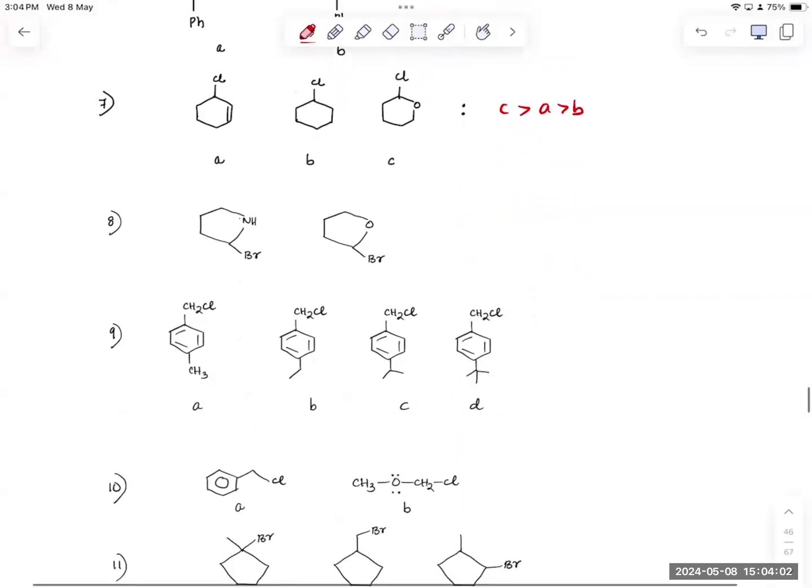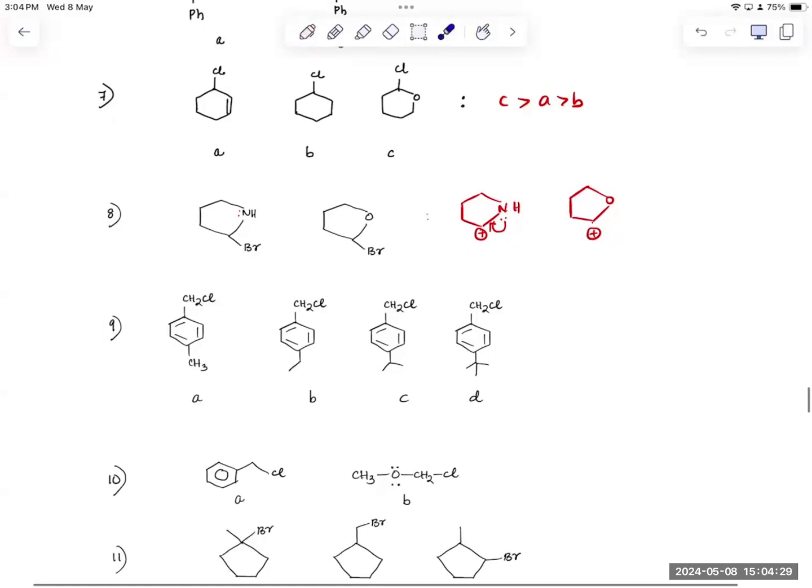Next one, once you get a carbocation, right? So it is like carbocations are forming like this. We have nitrogen here. Okay, carbocation is forming here. So the other form is we have oxygen here. Carbocation is forming here. So you will see that the carbocation is more stable when you push it here.